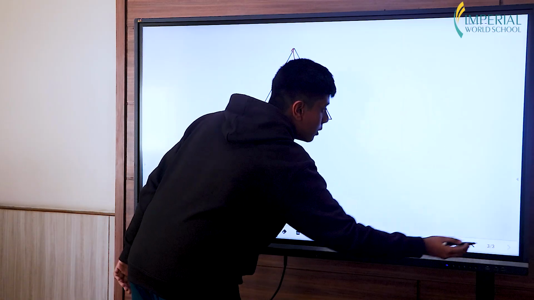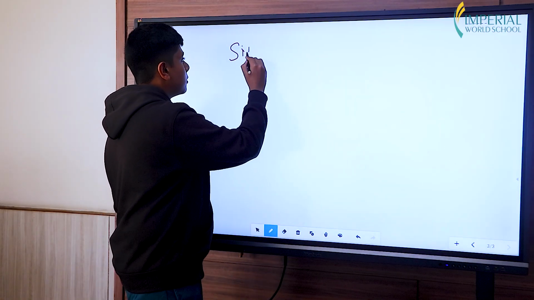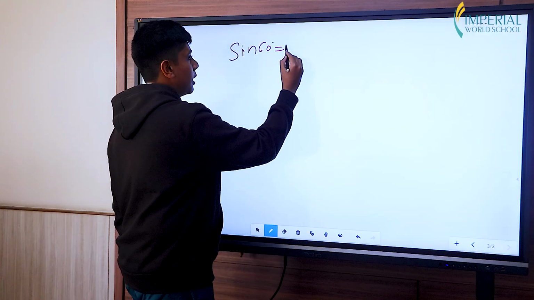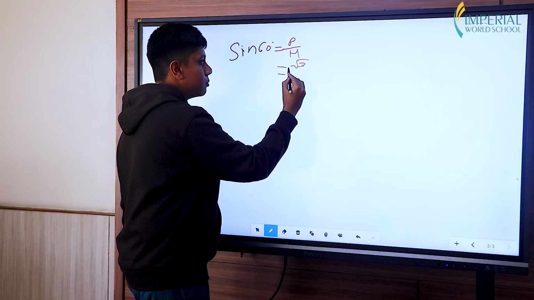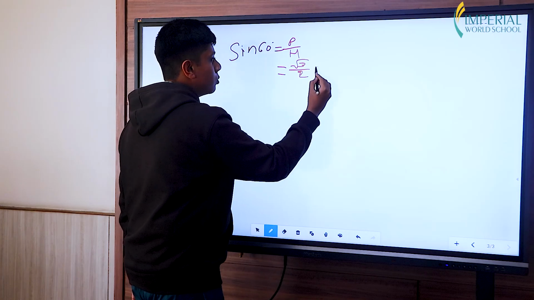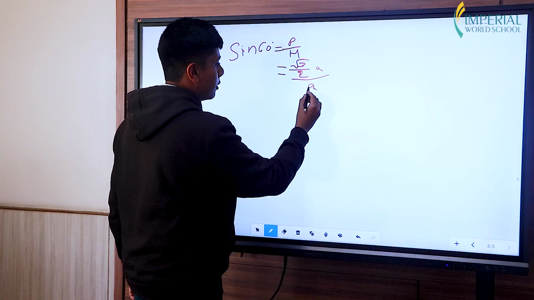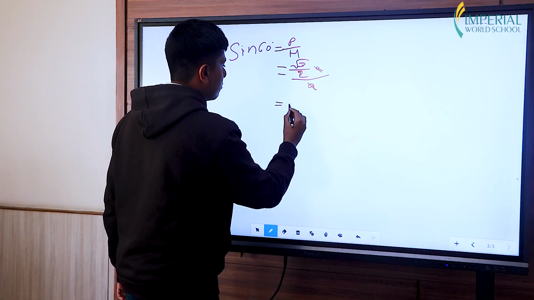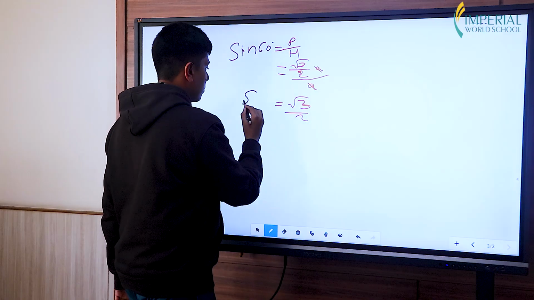Now let's write sine 60 degree as p by h. We got the value of p as root 3 by 2 a and the value of h was a. So you can write it here and then a cancels out, which ultimately leaves us with root 3 by 2.